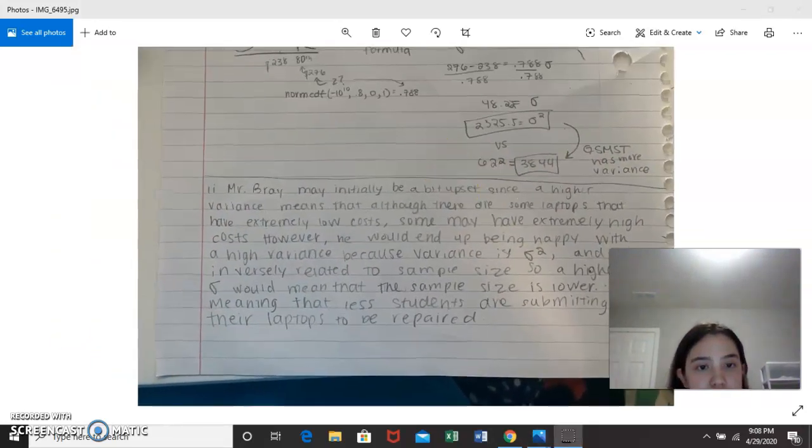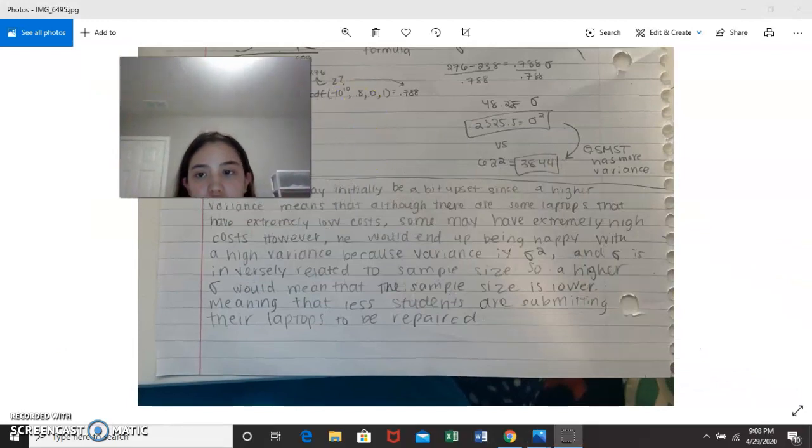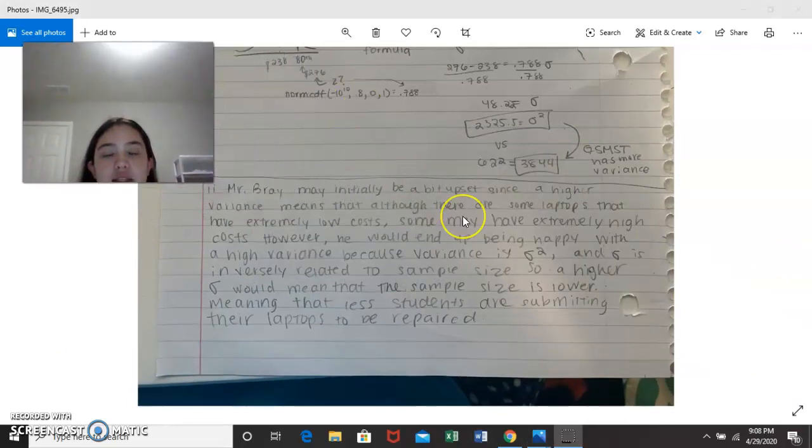And then for this question, I said that he might be a little upset, just because his variance is higher, so that would mean that he has high cost and low cost, and he would probably just want low costs. But then he would also think about the sample size, and he would probably know that variance and standard deviation are inversely related to the sample size.